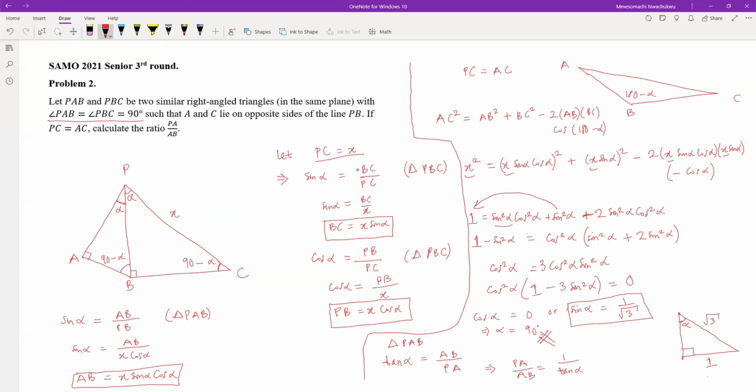So the other side from Pythagoras theorem can be gotten, and this would be root 2. Okay, so it means tan alpha is opposite over adjacent, which is 1 over root 2, so PA over AB is equal to root 2.